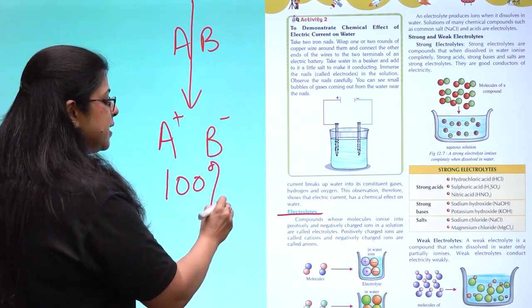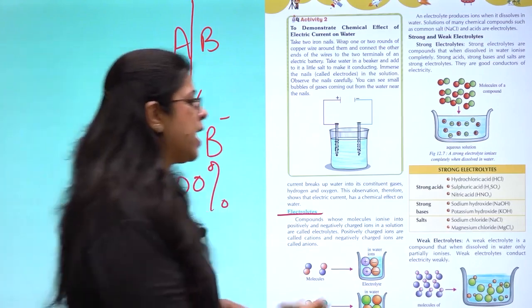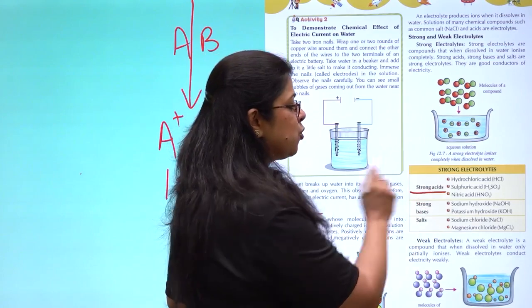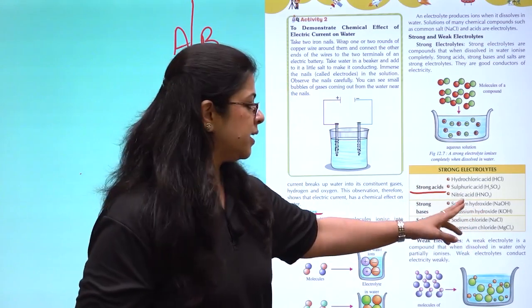In that case, these electrolytes will be known as strong electrolytes. Now, strong electrolytes are hydrochloric acid, sulfuric acid, nitric acid.